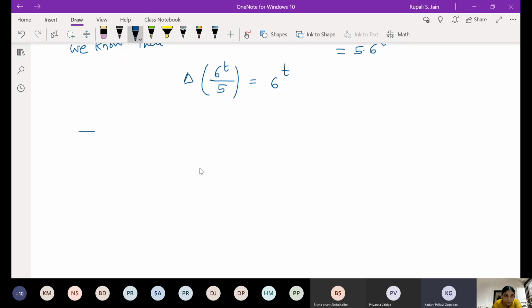So this implies this function is nothing but the indefinite sum of 6 raised to t. Or I shall write, this implies the indefinite sum of 6 raised to t is 6 raised to t by 5.